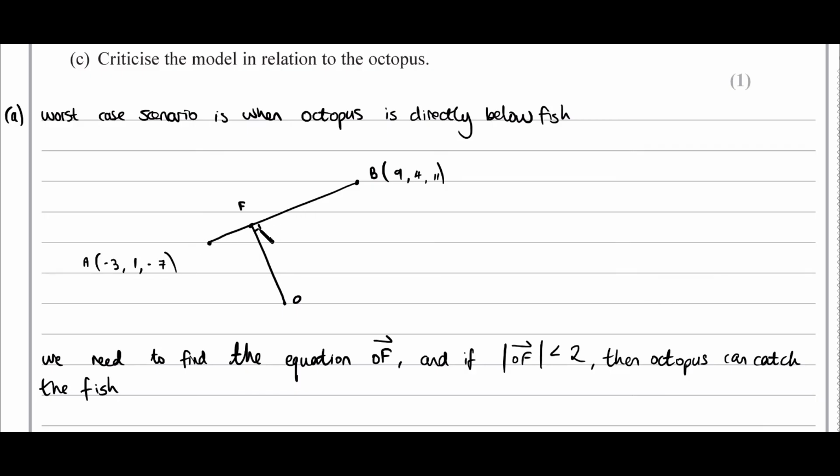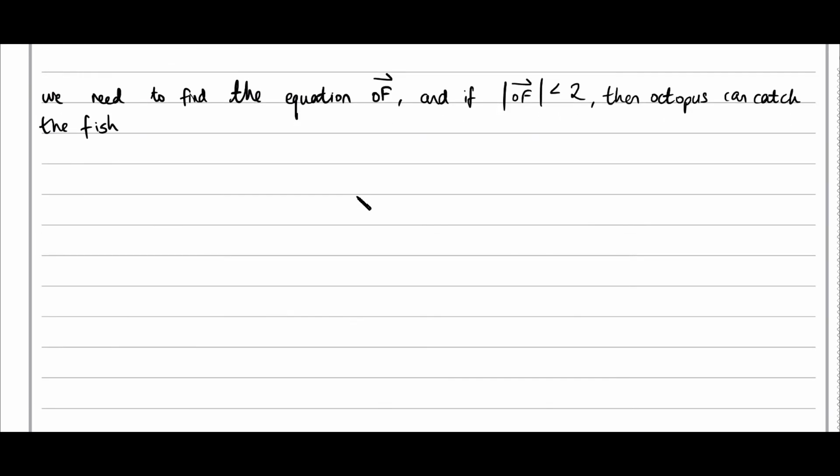Now, let's begin by finding OF. But before that, we need to find AB. The vector AB will equal the vector OB minus the vector OA. So we have 9, 4, 11 minus -3, 1, -7.